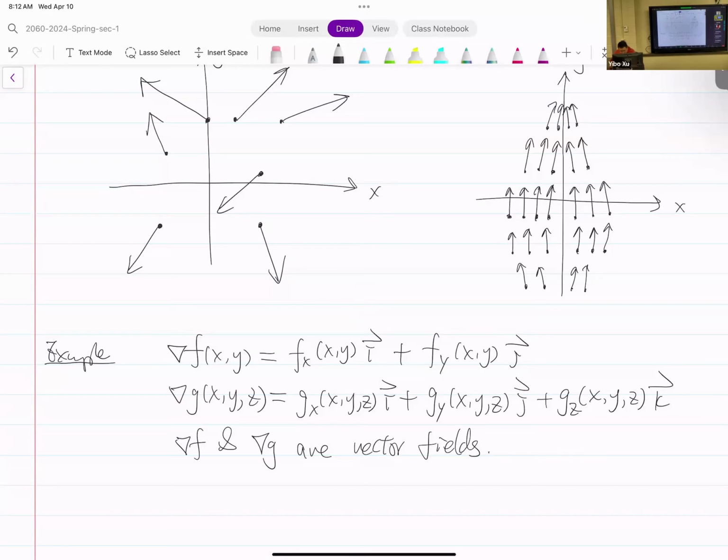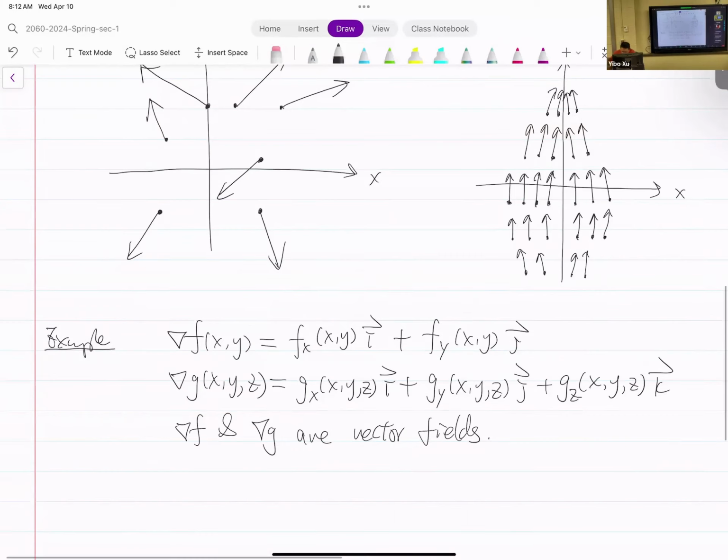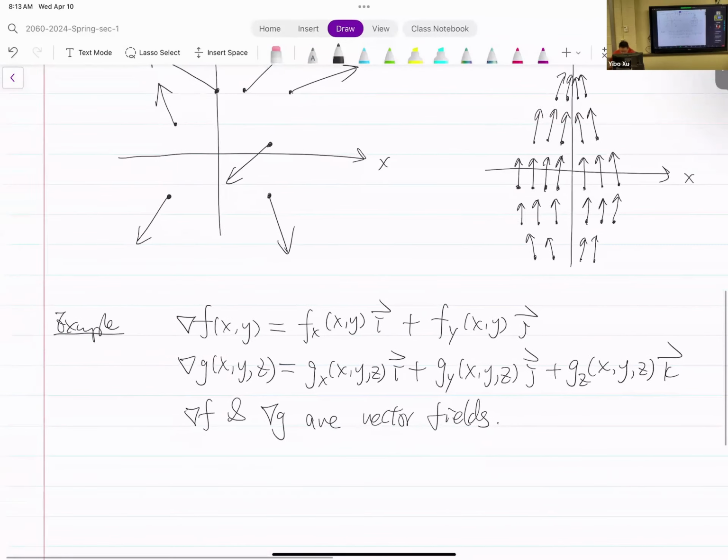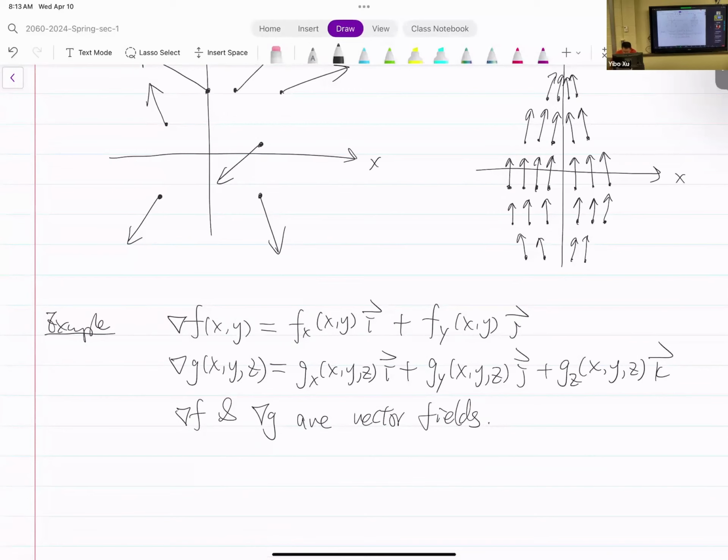So now we can adapt the notation of the vector field by putting the overhead arrow above these notations. Remark.